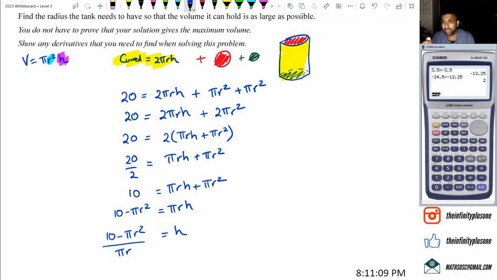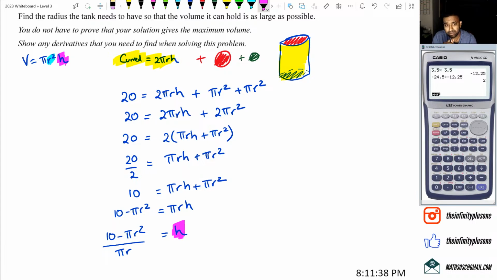You always want to make sure that all those letters on the right hand side are the same letter, and that's what we're trying to do here. So by rearranging h by itself, we're going to go back to that volume equation and replace the h with (10 minus pi r squared) over pi r.